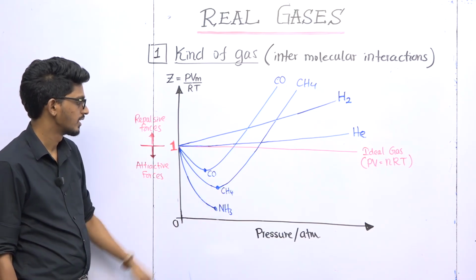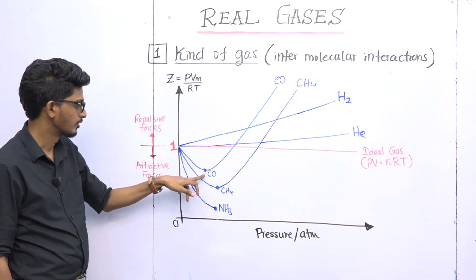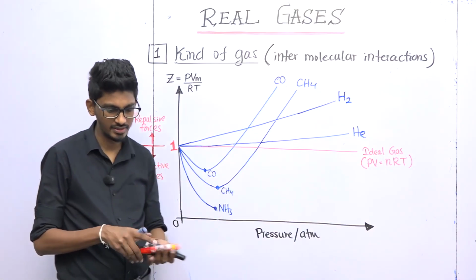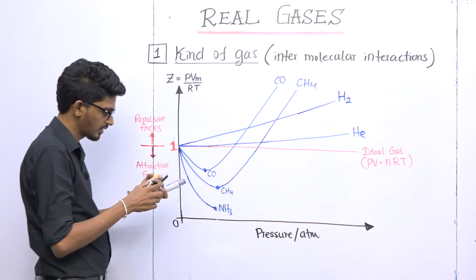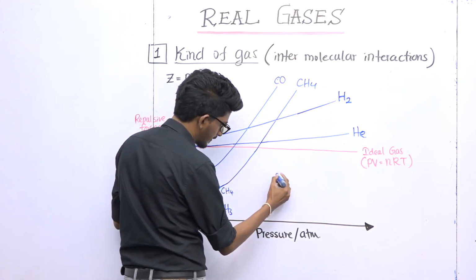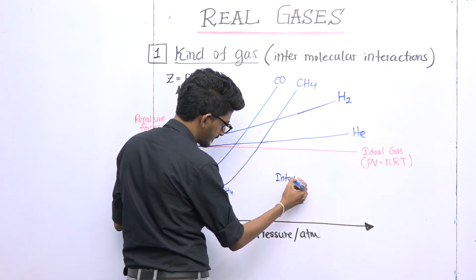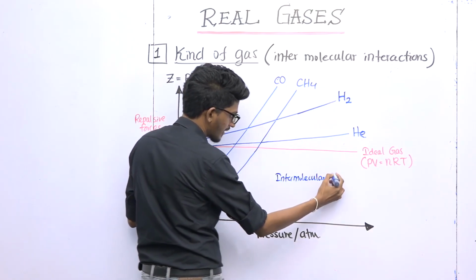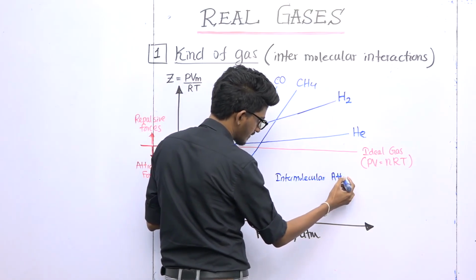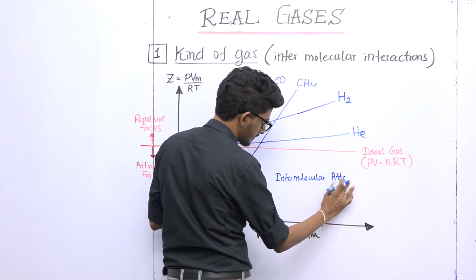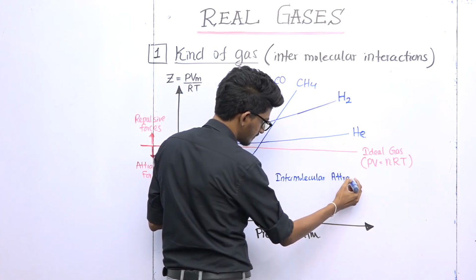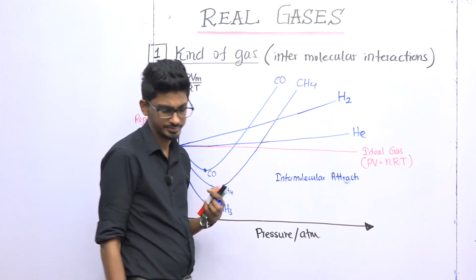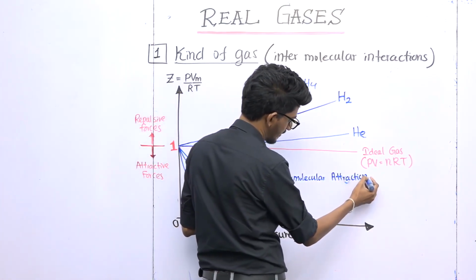Then come CH4 and CO, out of these three. So we can write that as well: intermolecular attractions, or intermolecular attractive forces, or attraction strength, let's say.